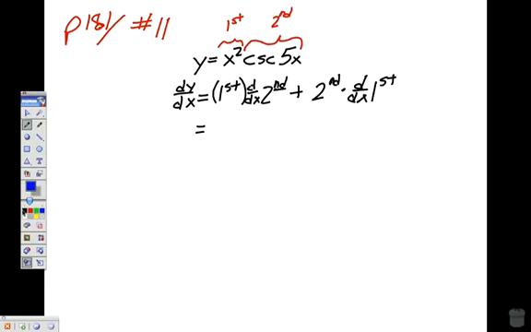Okay, so the first function, x squared. And then it's going to be times the derivative of the second function, so we need to leave a little room for that, plus the second function is the cosecant of 5x, and then it's going to be times the derivative of the first function, so we'll leave some room for that.